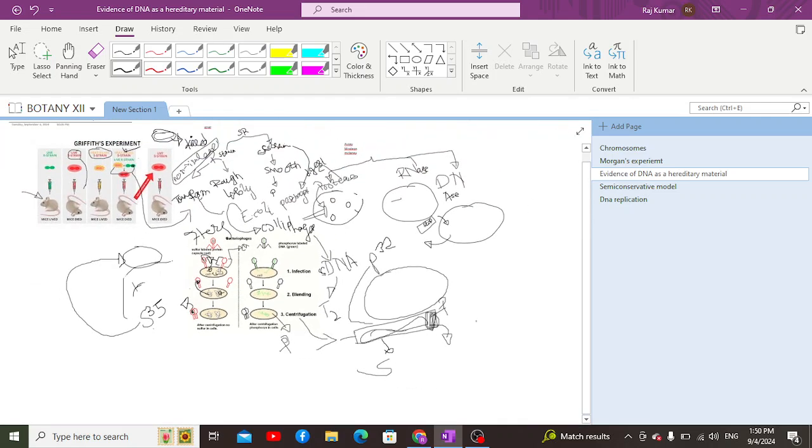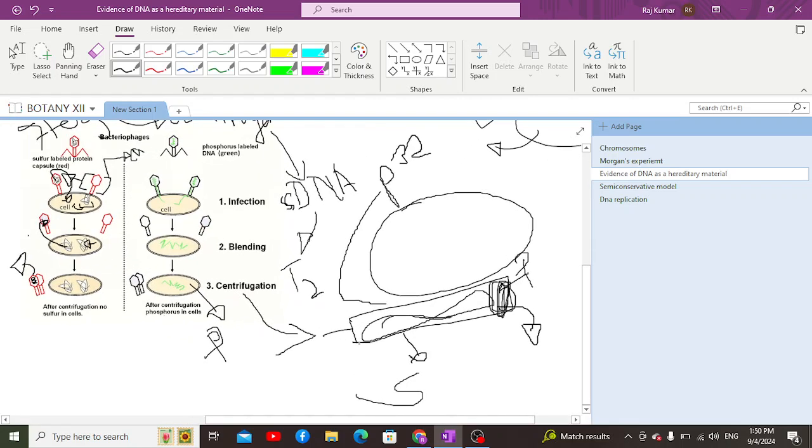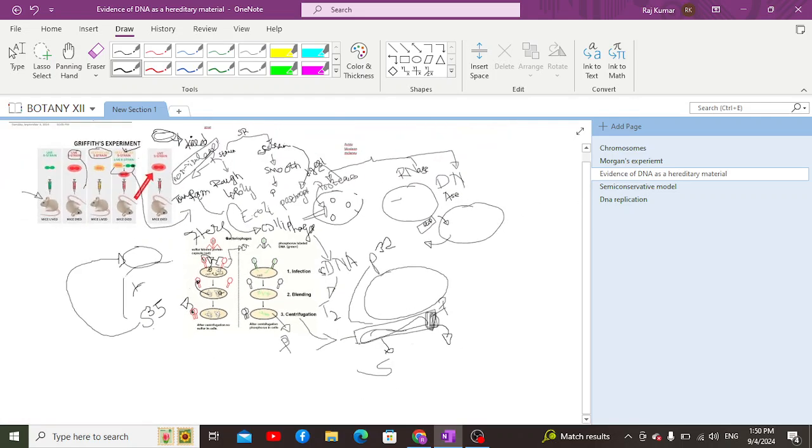Thus they clarified that protein was not the material being transferred from the T2 bacteriophage to the E. coli bacterium to the new virion.